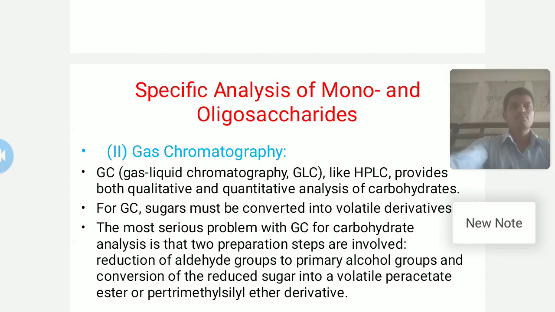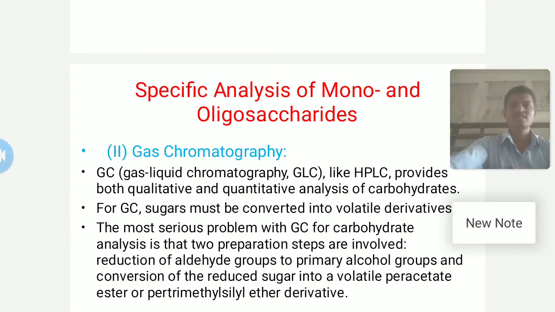It provides both qualitative and quantitative analysis of carbohydrates, just like HPLC. For GC, sugars must be converted into volatile derivatives. So the sugars, that is mono and oligosaccharides, before analysis by gas chromatography, we have to convert them into volatile derivatives.